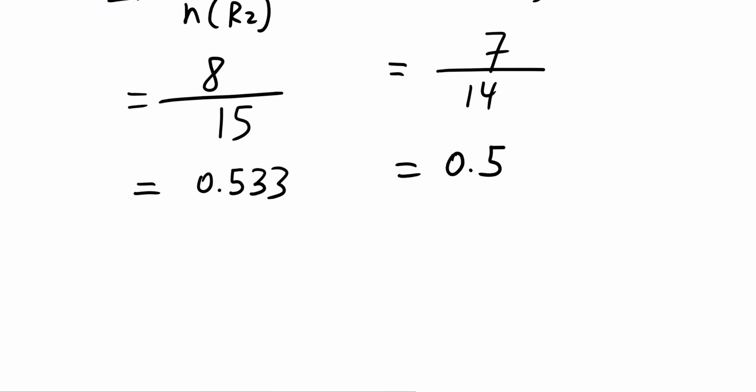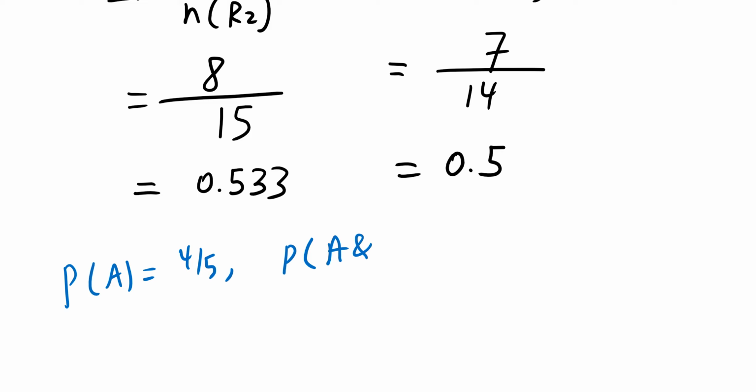Last thing we can look at, sometimes they can ask us, let's say the probability of A is 4 over 5, and the probability of A and B is 3 over 10.